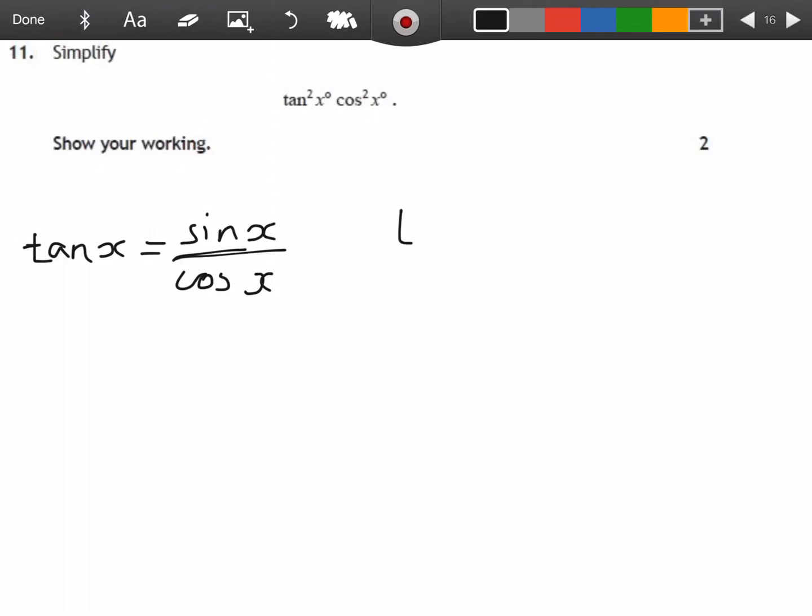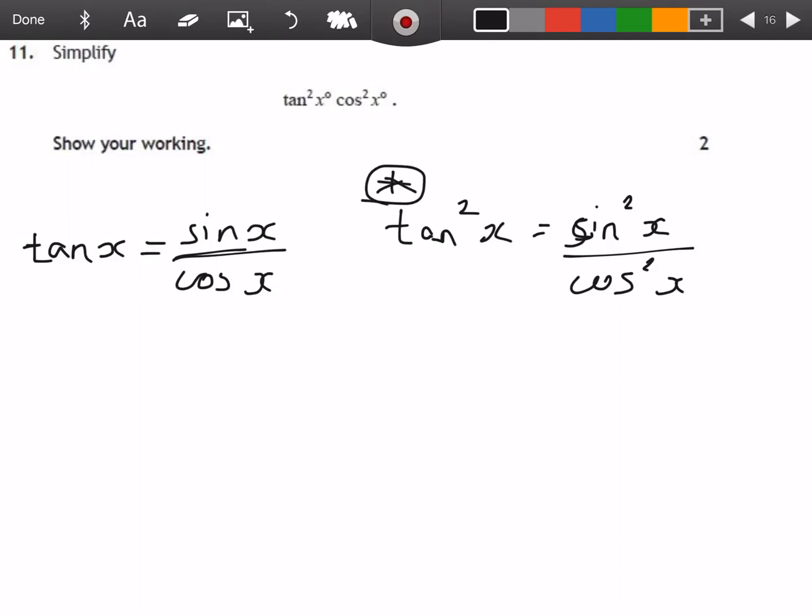That also means that tan squared x is sine squared x over cos squared x. Okay, so that here is what we're going to use in place of tan squared x. So the question said tan squared x, cos squared x.